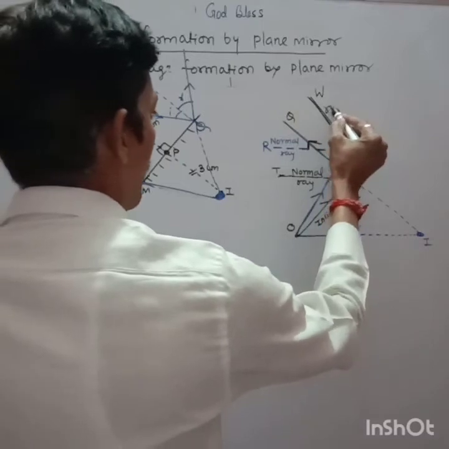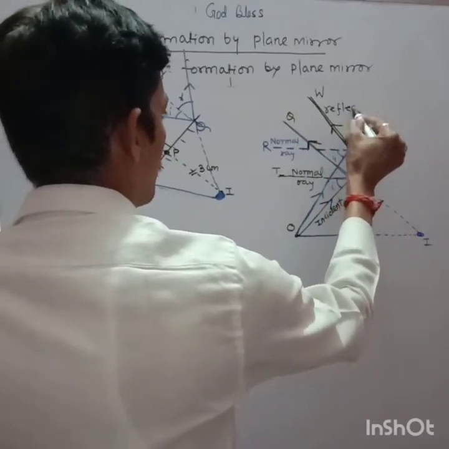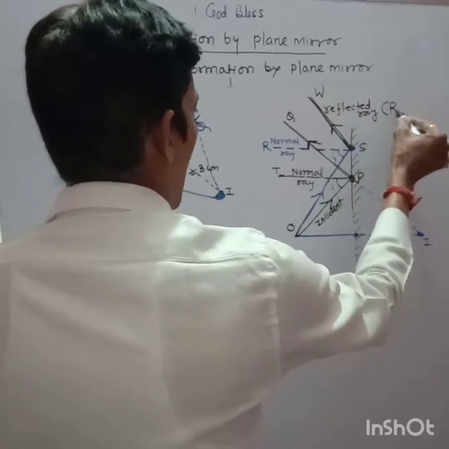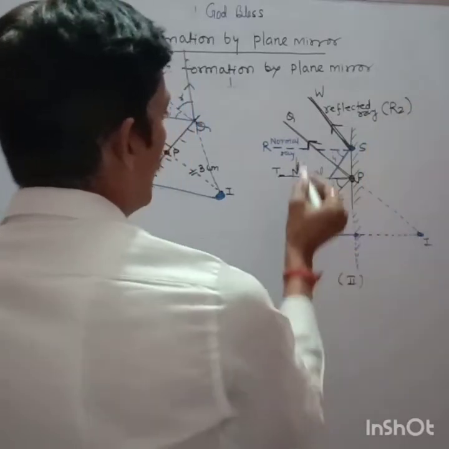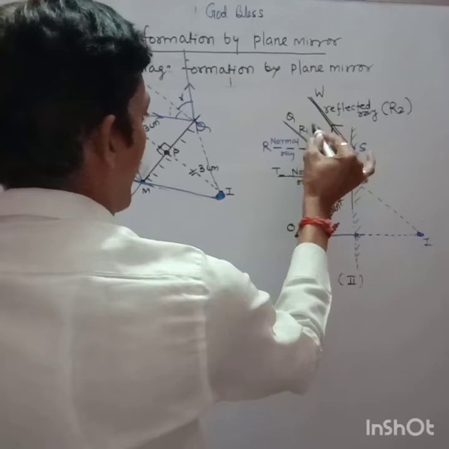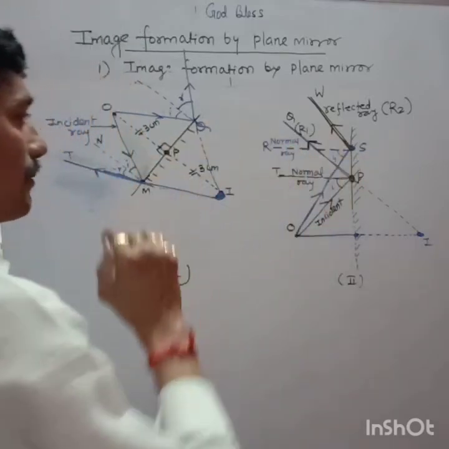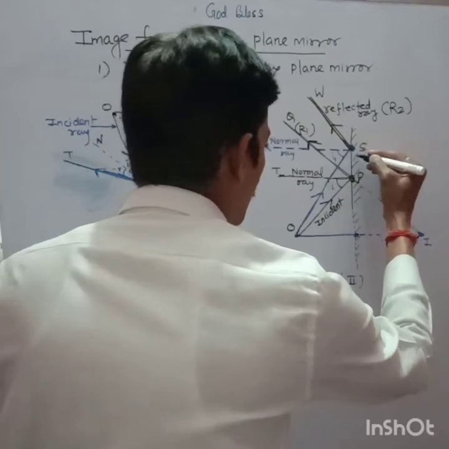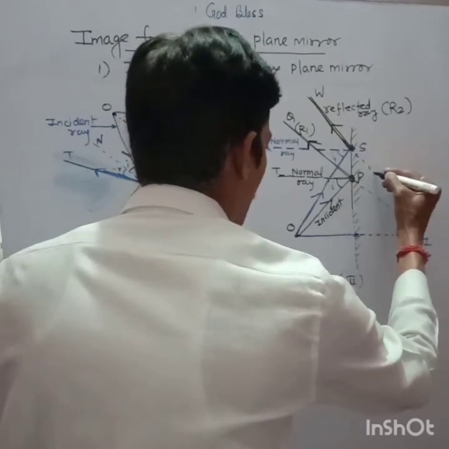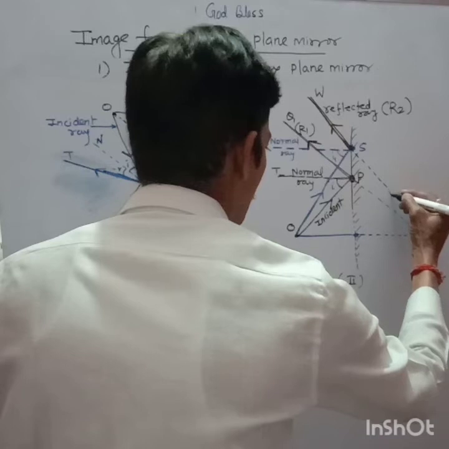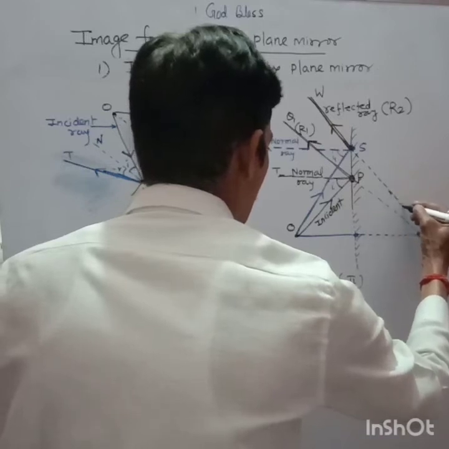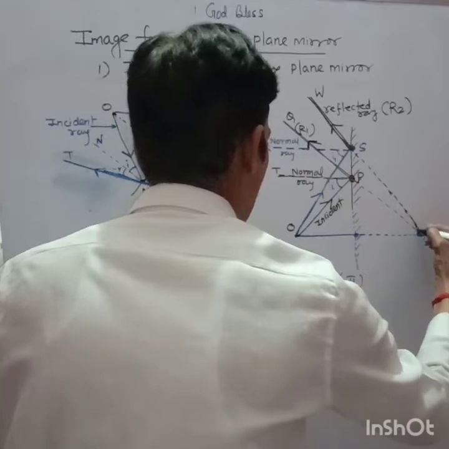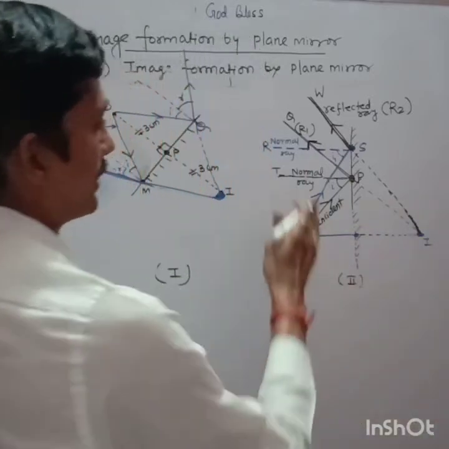This is the reflected ray. The second reflected ray, I will note it down by R2. This is the first reflected ray, I have noted it down by R1. Now this reflected ray is also produced inside the mirror and it will also meet at point I. You can see in the diagram.